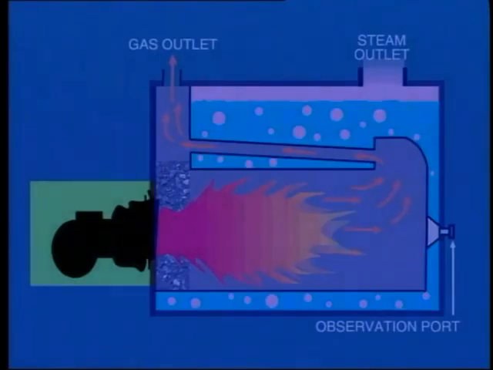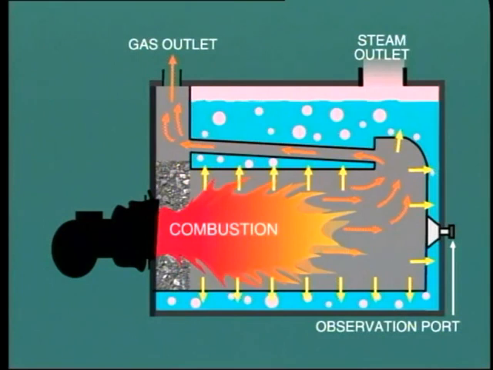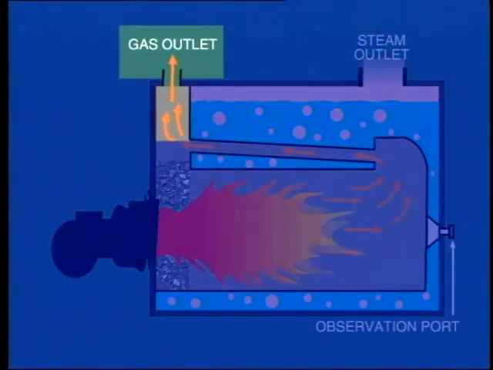Fuel and combustion air are supplied through the burner at one end, and combustion takes place inside the fire tube. As the hot combustion gas passes along the tube, heat is transferred through the tube wall to the surrounding water to cause evaporation. The gas is eventually exhausted to atmosphere through the chimney.